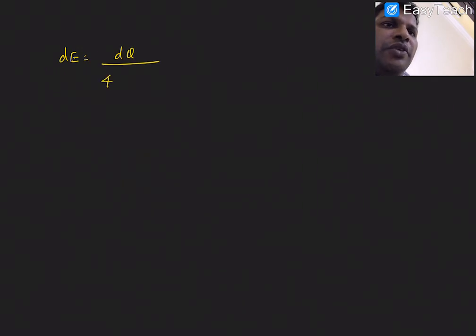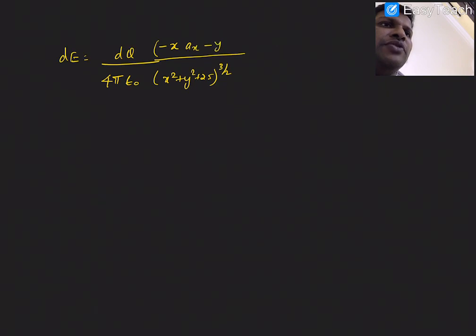So we can write dE as dq divided by 4 pi epsilon 0 into x square plus y square plus 25 whole power 3 by 2, then minus x into ax minus y into ay, then plus 5 into az.